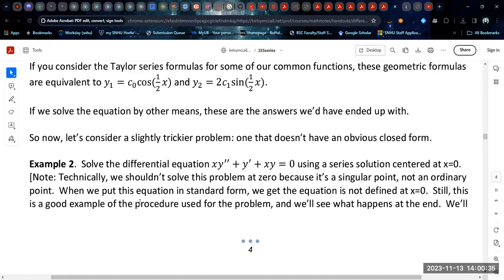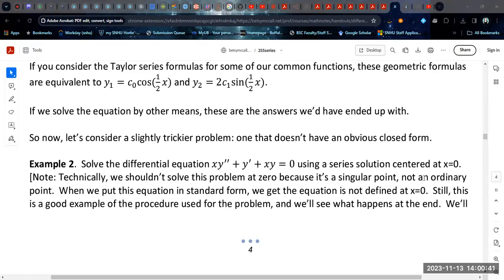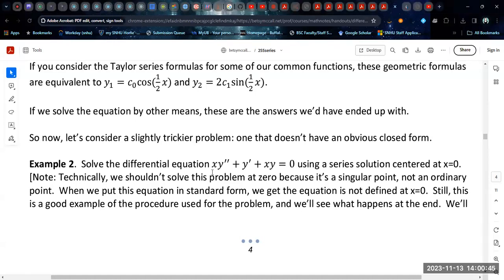So again, we're going to try to solve this with a series centered at 0, partly because I want to illustrate what happens when you do that. If you put this in standard form, the function multiplying your y prime term is not going to be defined at 0. And so we're going to see that that's actually going to be a singular point, and we're going to run into problems.